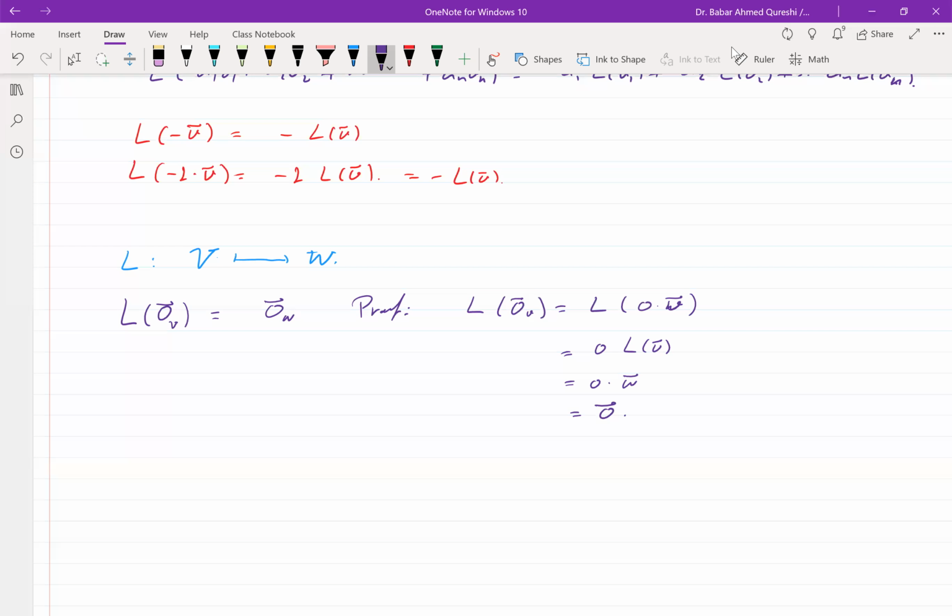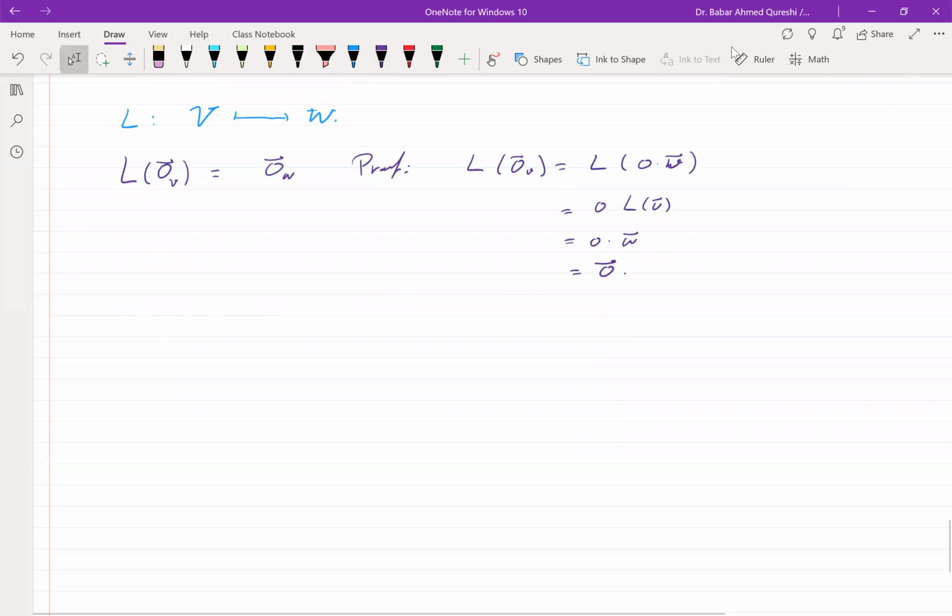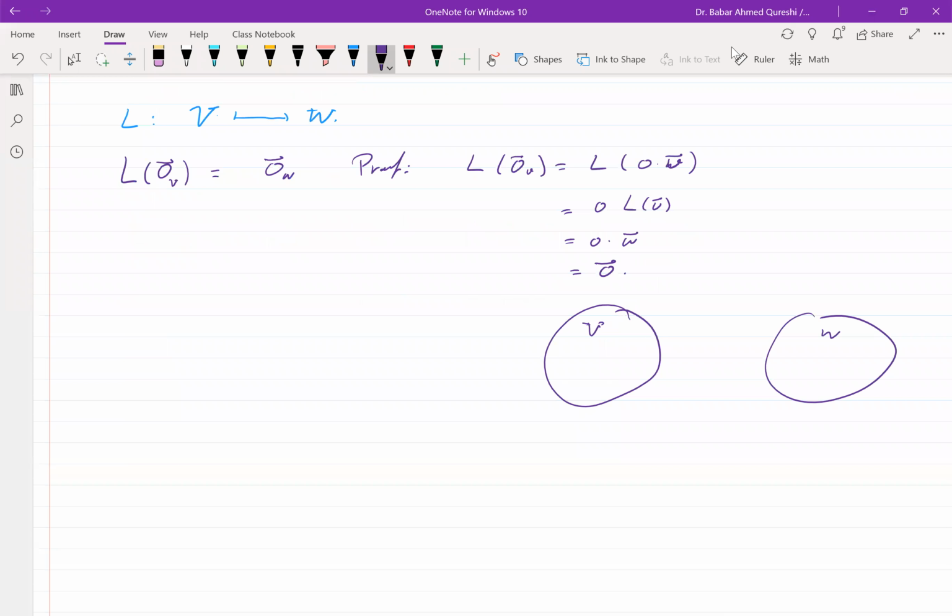So that must happen. In other words, you have V, you have W, and the 0 vector here must go to the 0 vector there under the linear transformation.